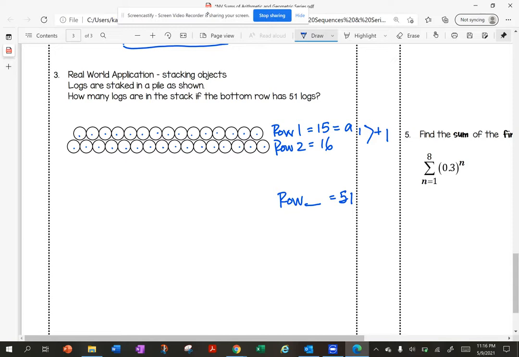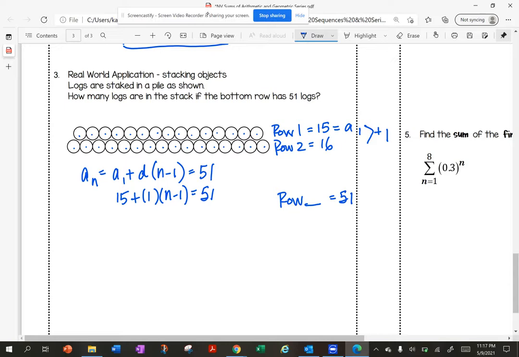I don't know how many rows I have, so I don't know what term it's called. But I do know if I add the first term plus the common difference times n minus 1, I have 51. So I know my first term is 15. I know the common difference is 1. So 15 plus 1 times the quantity n minus 1 equals 51. Now I have an equation with one variable, so I can solve for n.